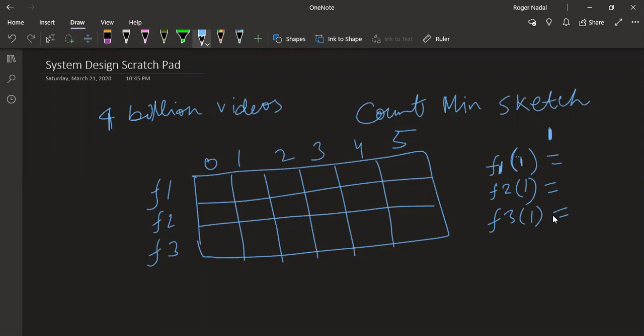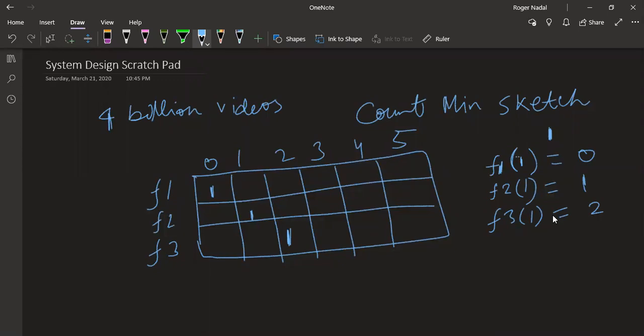Values should be in this range, 0 to 5. Nobody tells me, so I can take my own example: 0, 1, 2. Simple. So for F1, the value is 0, I will make this 1, and for F2, it's 1. This is how I'm sketching. This is the sketch part of this strategy.